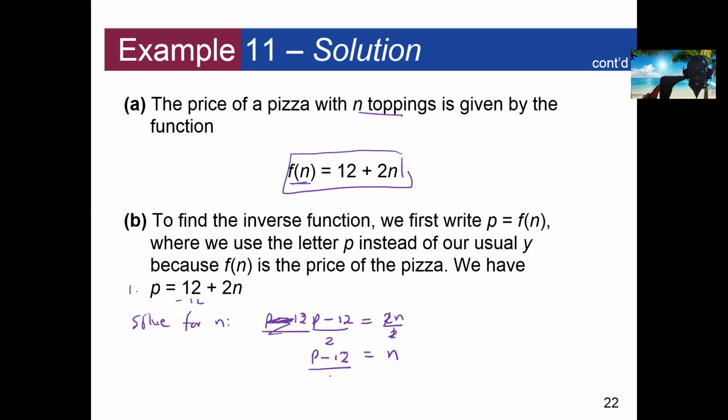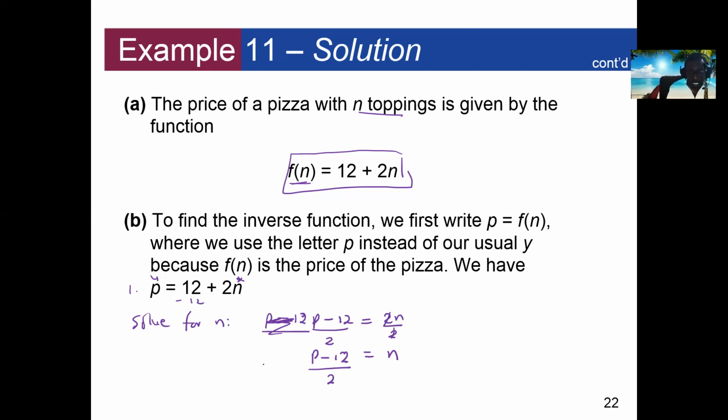Now notice that if we want the inverse function in terms of x, that's when we interchange the x and y. This is like y equal to, and the n is x. Then we interchange the x and y. But since we wanted the inverse function as a function of the price, we're going to solve for n in this case, and we don't have to interchange at all.